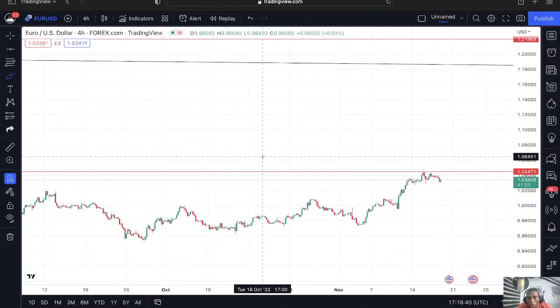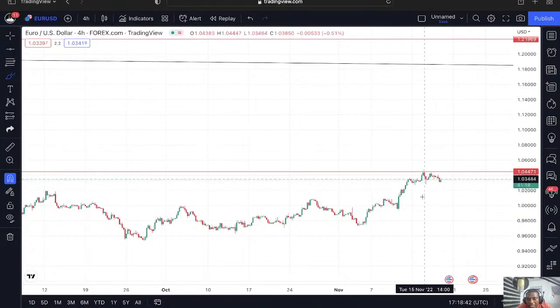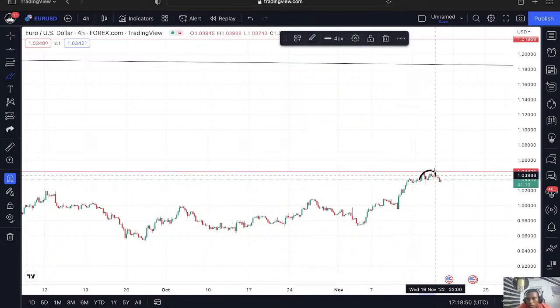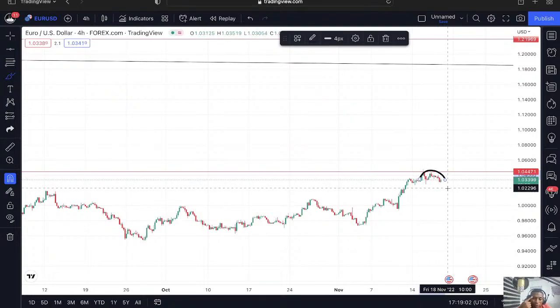So on the lower time frame now, we can see a sign of a bearish pullback. Having touched the resistance zone here, it pushed back a bit.